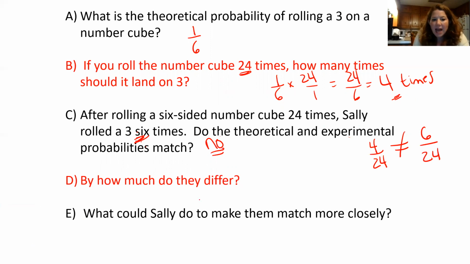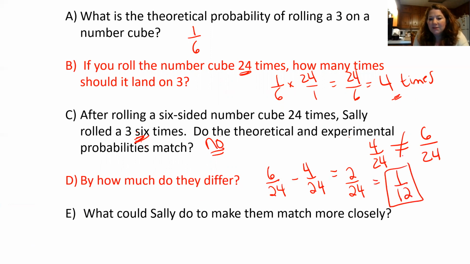But how much do they differ? Differ means to subtract in math. So let's take the smaller number away from the bigger number. Well, they differ by 2/24ths, which is equal to 1/12, right? The difference is 1/12. And then what could Sally do to make them match more closely?